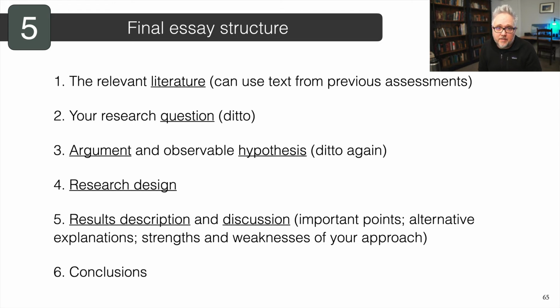and then to have room at the end to highlight your important points, alternate explanations like the Posner article did for this week. So he had a main argument that he was trying to make about how the size of the groups determine whether they're electorally useful, but he looked at other alternative mechanisms and then the strengths and weaknesses of your approach.